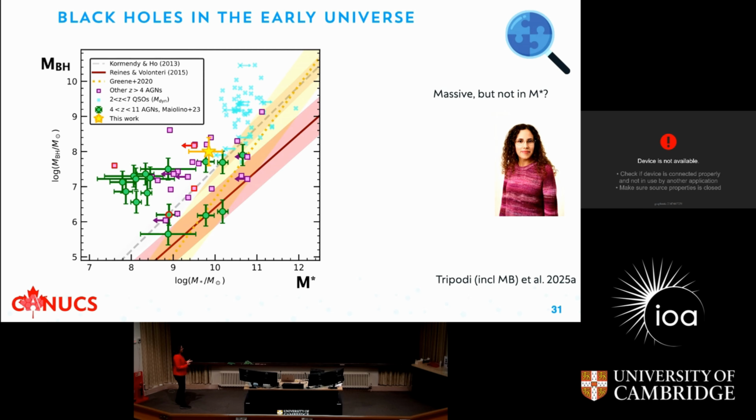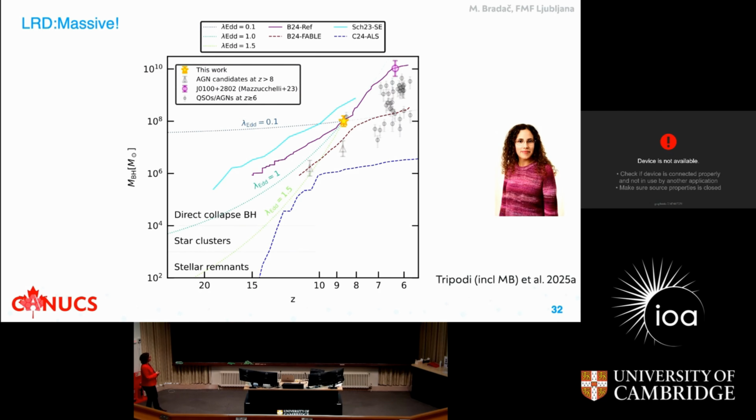But in any case, even at face value, the problem with these galaxies is the question of how do you make a black hole with such a high mass this early on in the universe?